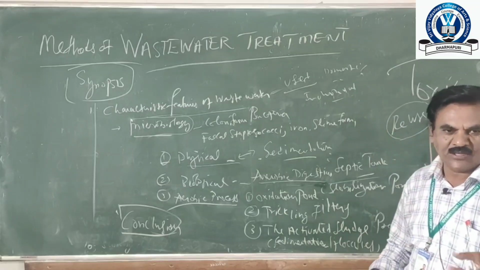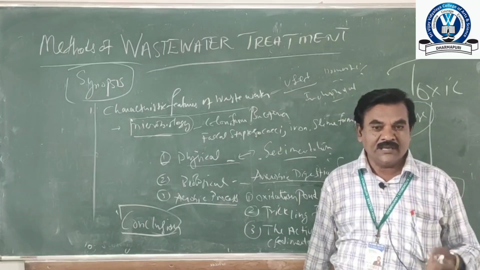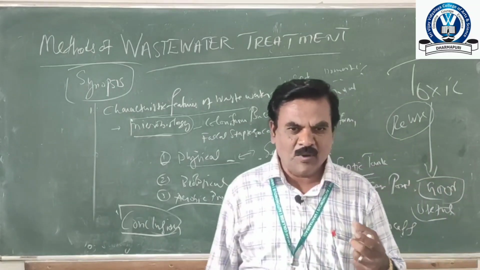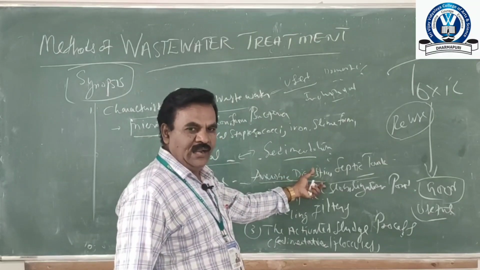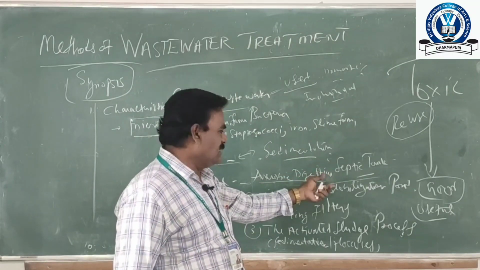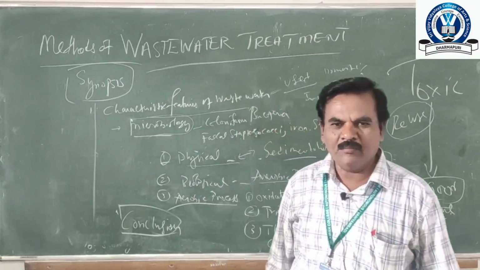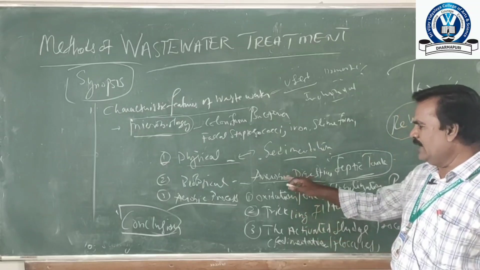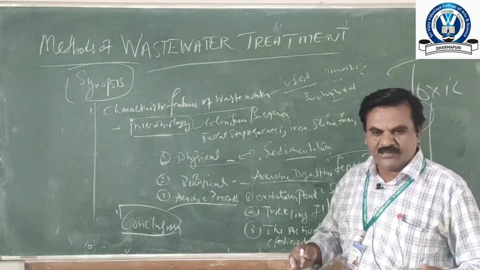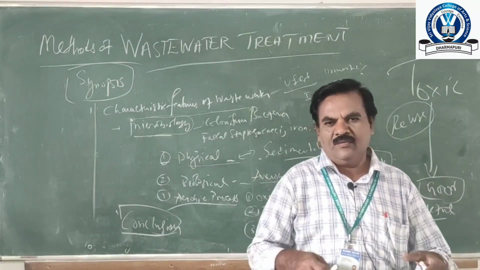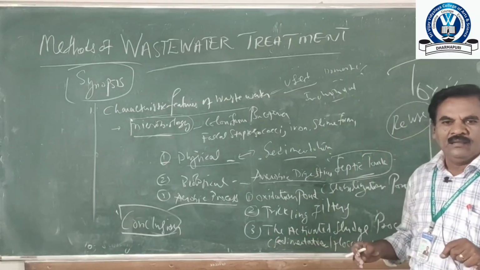Anaerobic digestion is digestion in the absence of oxygen. These anaerobic digestions are useful for hazardous waste and other waste products. At the household level, the best example of an anaerobic process is the septic tank. The septic tank is the best example of an anaerobic process in biological treatment. The septic tank is large, about 10 or 15 feet, depending on the building and the construction.